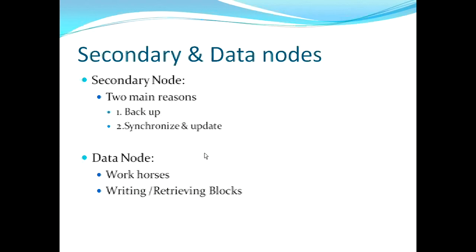Whenever new updates come up, it adds them and updates the name node, so the name node comes to know: okay, this node is added, this is the new cluster formed. All these things are updated with the help of the secondary node.